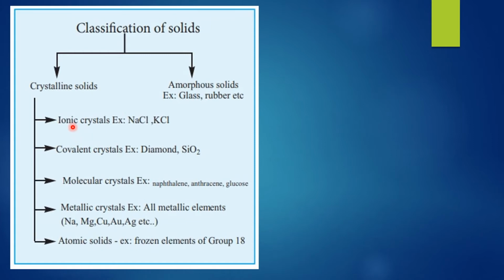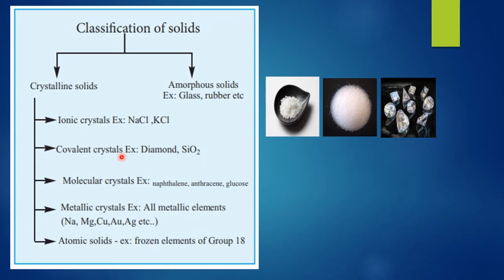In an ionic solid like NaCl, the ions Na+ and Cl- are present at the corners and edges alternately. Likewise, in potassium chloride, K+ and Cl- are present in the ionic solid. Then come the covalent crystals, for which diamond and silica are given as examples.